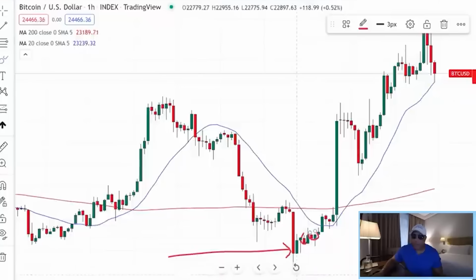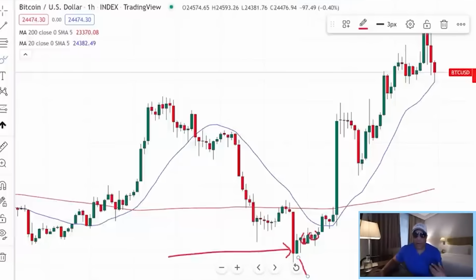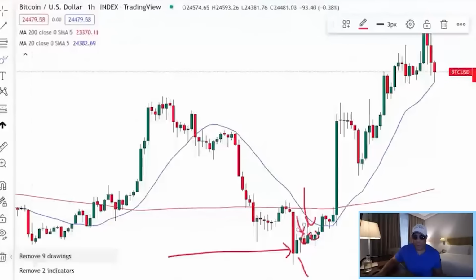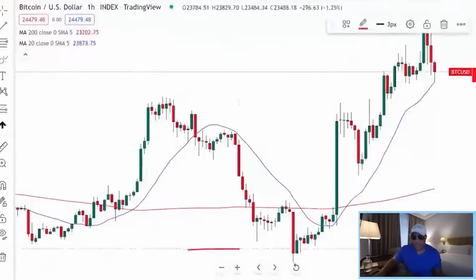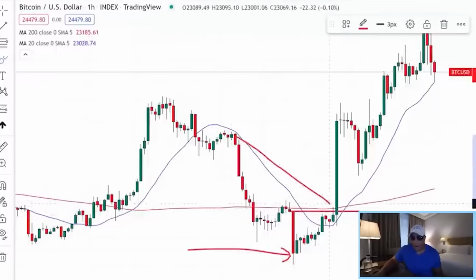What I mean by follow through is that there's no lower red. Do you understand? Follow through is a continuation of the red. These reds are not continuations of the red because they're not lower than the initial red. So this marked the major bottom, fat red bar, boom, there is your entry price.